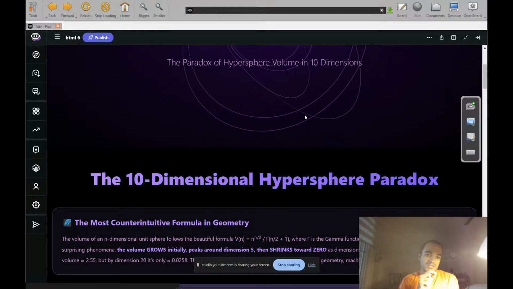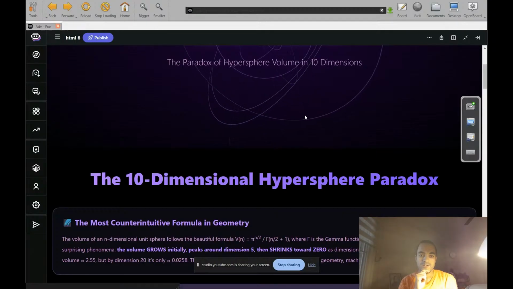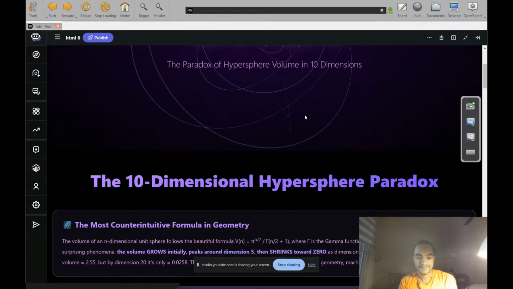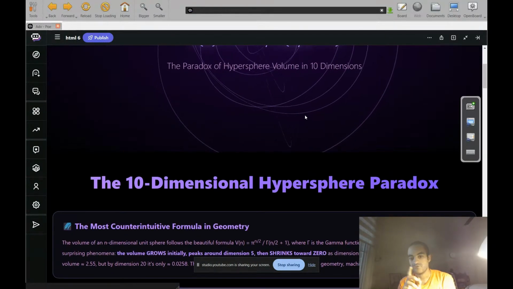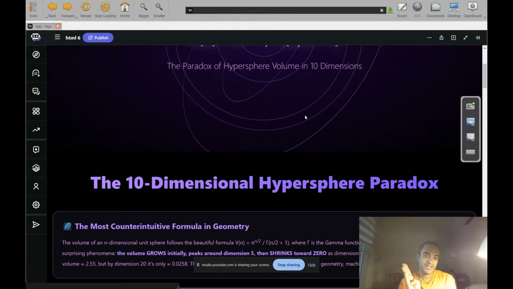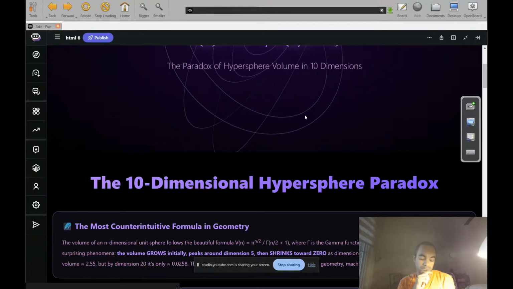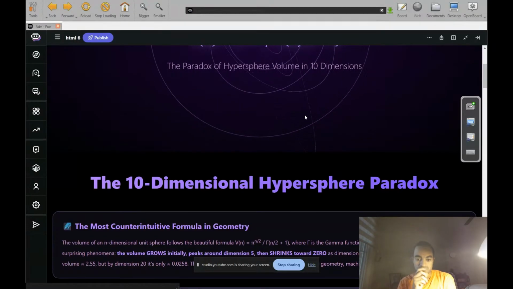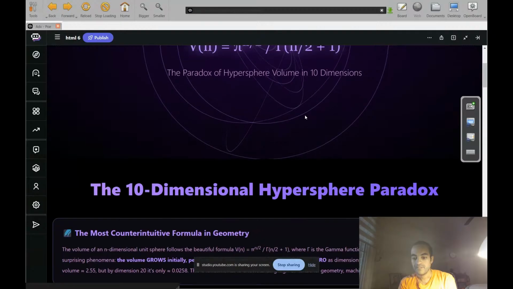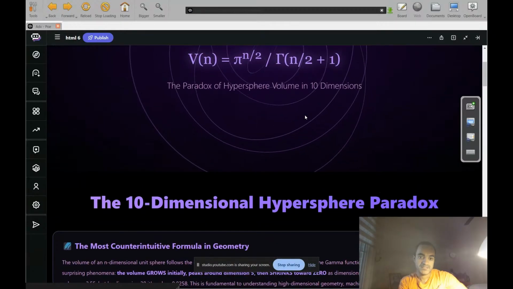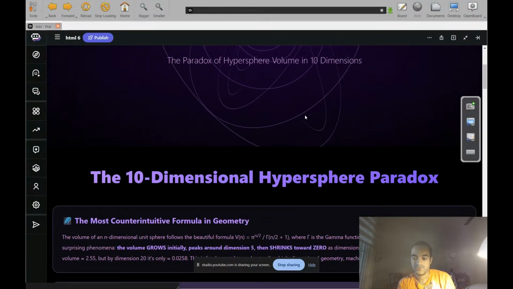And as you increase dimensions, n greater or equal to 5, it's going to shrink to 0. Your volume will start becoming smaller and smaller as you increase n. As I said, that only happens when n is greater or equal to 5. So the volume will decrease and approach 0 as n increases, even though the dimensions are increasing.